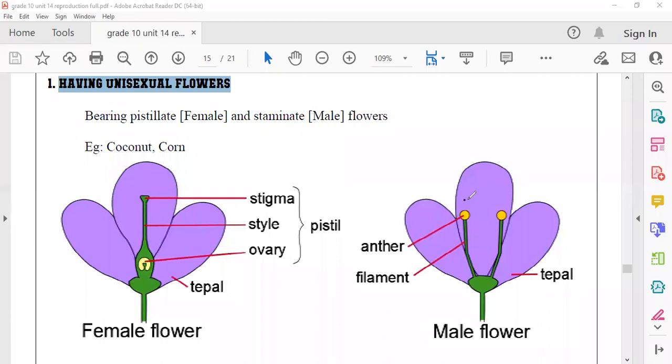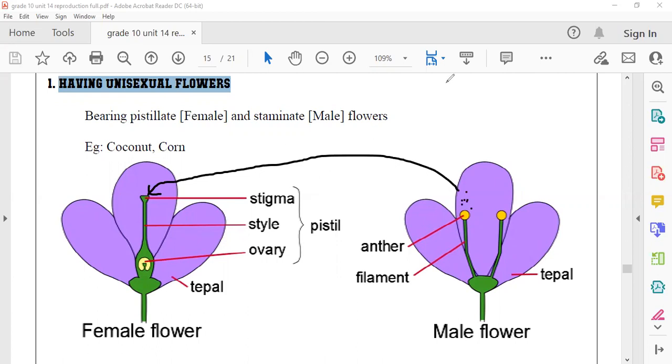So a pollen made here has only to reach the stigma of the other flower. It doesn't have any choice to make a self-pollination. So having unisexual flowers, like in corn and coconut, favors cross-pollination and stops self-pollination.